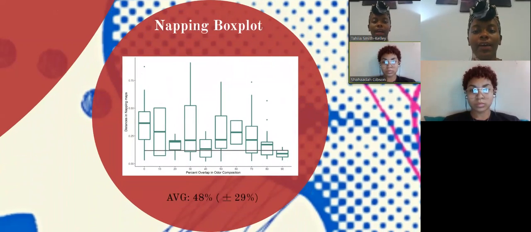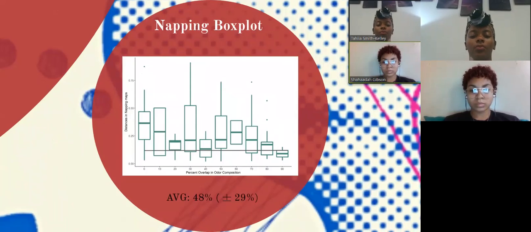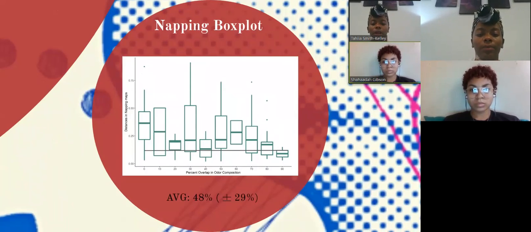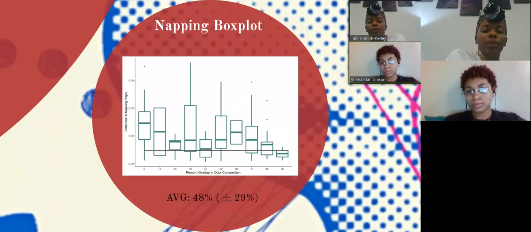And lastly, we have a napping box plot showing the odor composition and the distances in space. The difference between this and RADA and CATA is that we use coordinates to make the distances over PCA.